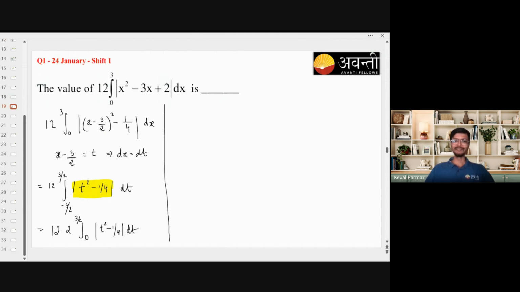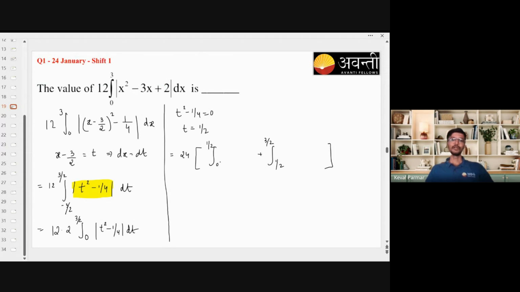So now we have to split the limits. How to split the limits? By opening the mod. Let's say t square minus 1 by 4 equals 0, so t will be equal to half. So you have to split the limits at half: from 0 to half, plus integration from half to 3 by 2.